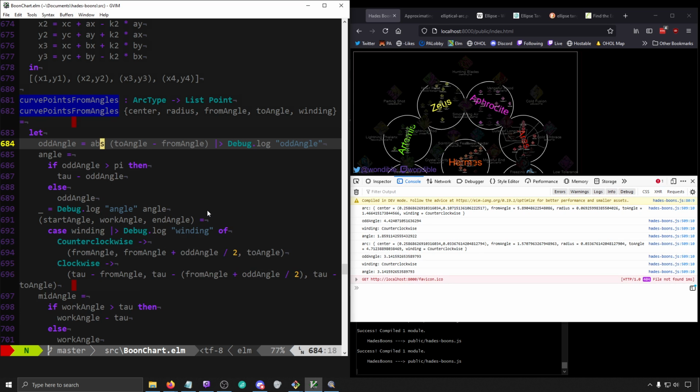Actually, 4 does seem wrong. Yeah, that's the wider rotation.